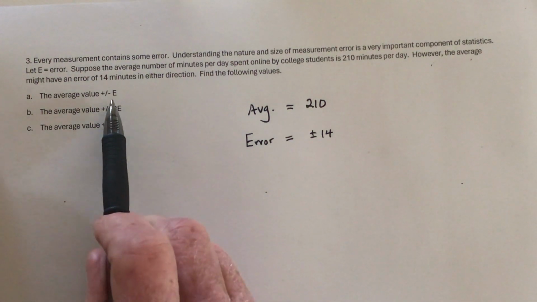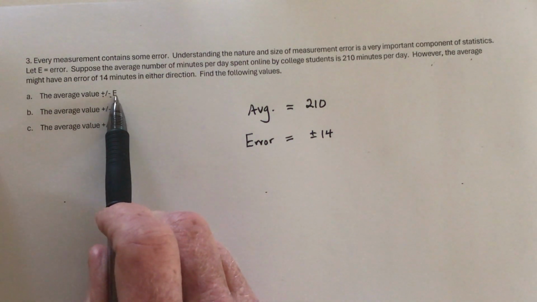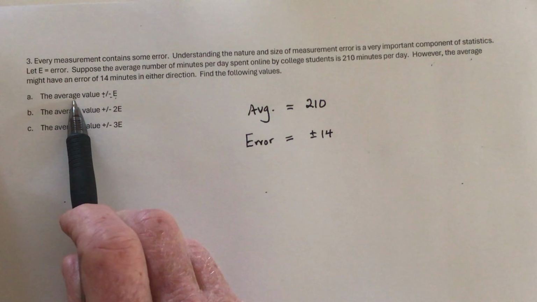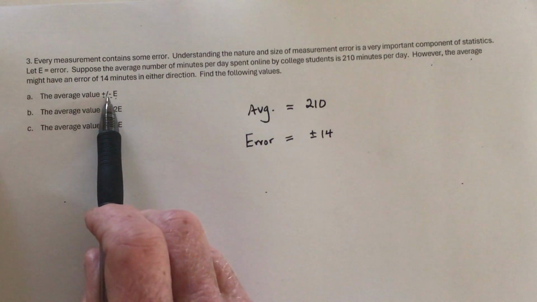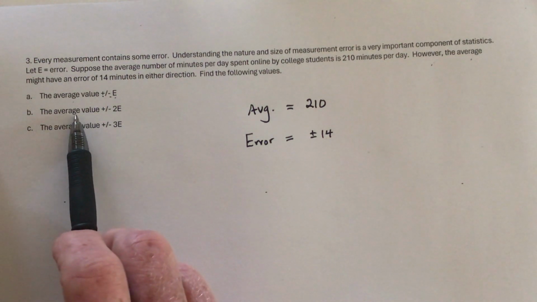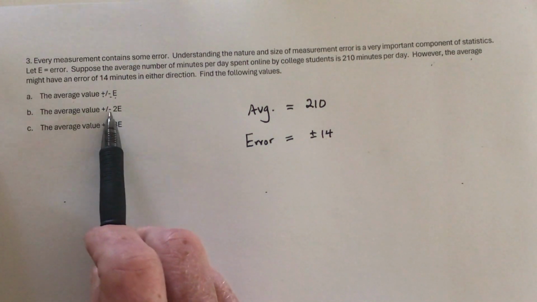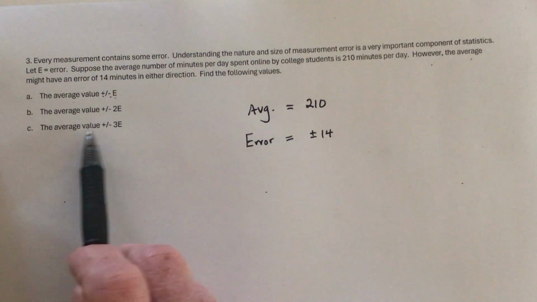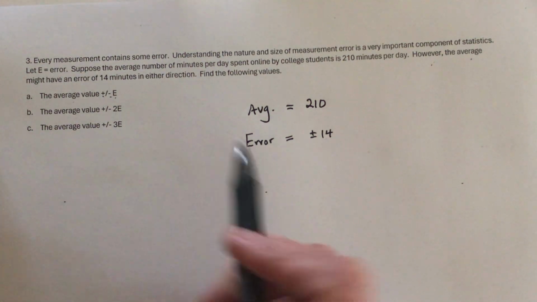And then what we do is we add and subtract that error. So it's going to be the average 210 and then plus and minus the 14. And then for part B, we'll do the same thing, the average plus or minus 2 times the error, and then with 3 times the error.